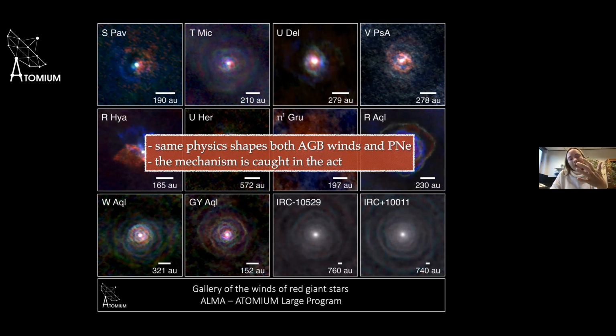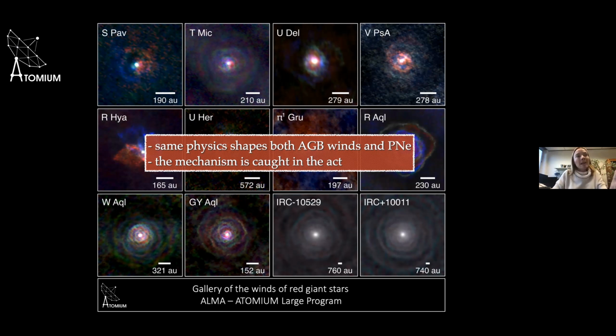What I forgot to tell you when I was discussing the different causes that could create these planetary nebulae is that most of these causes act on the star itself, and they were thought to only happen at the extreme end of the AGB phase, but most often during the post-AGB phase of the planetary nebula phase. And here we say, well, that's not true. The shaping already happens during the AGB phase, and not only at that very end or even beyond that end of the AGB phase.